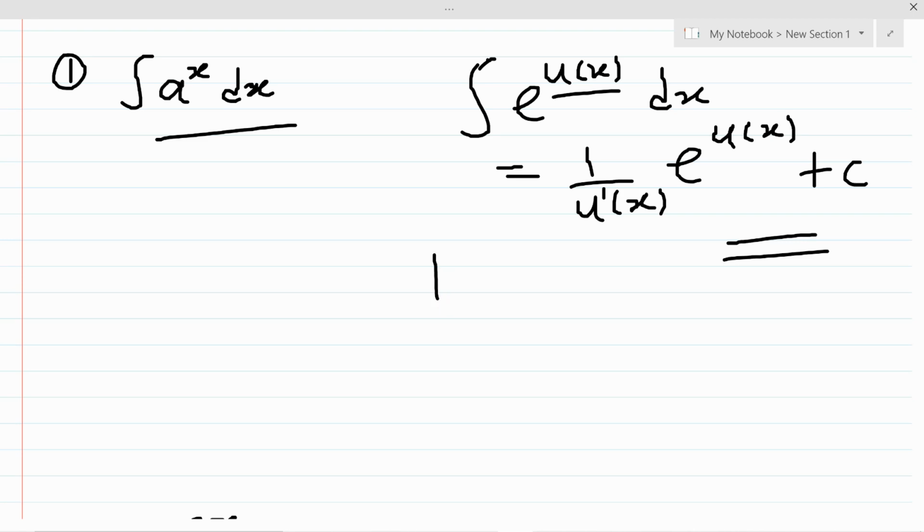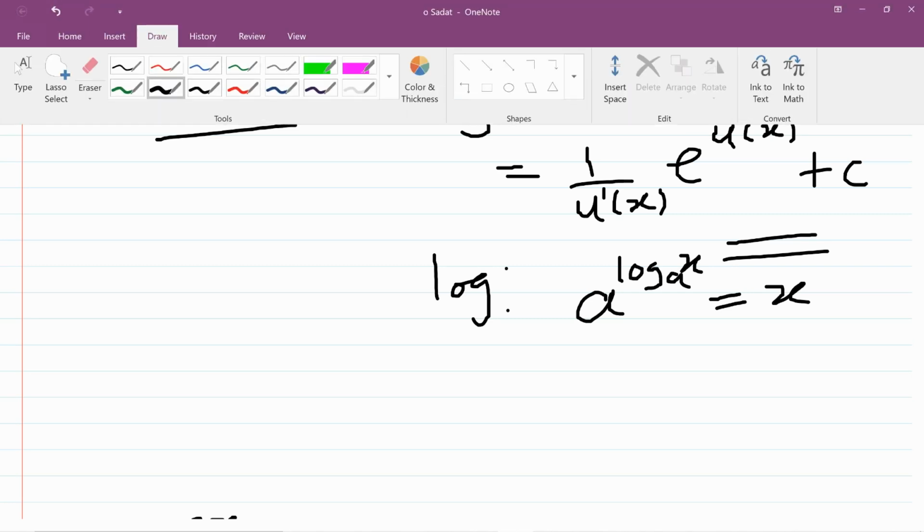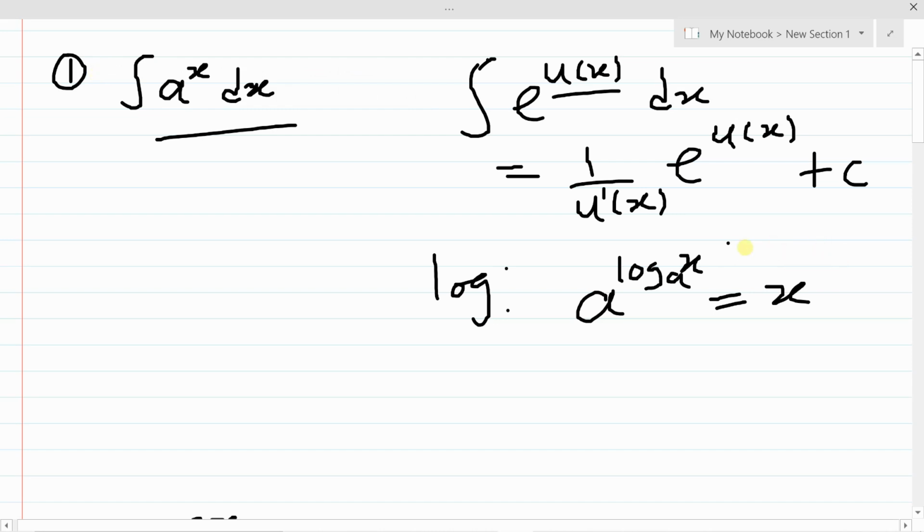Remember from logarithms, if you have a to the log of, let's say, x base a, it is the same as this x. In other words, it's like you've not done anything to the function x. Let me clean here so that you see it clearly.